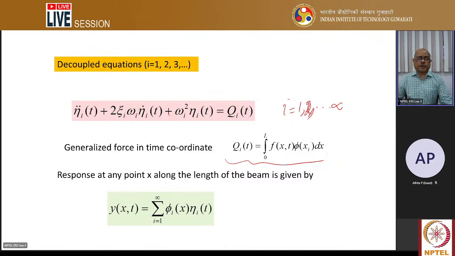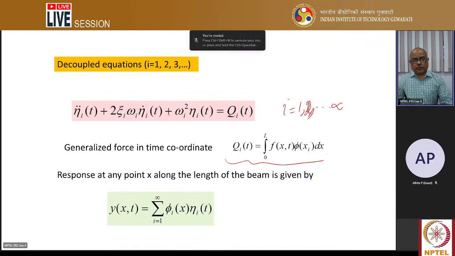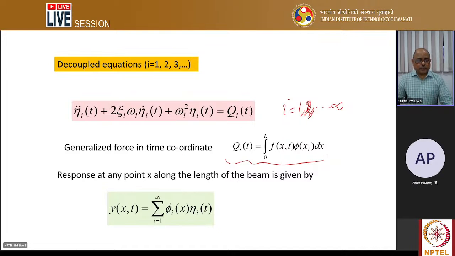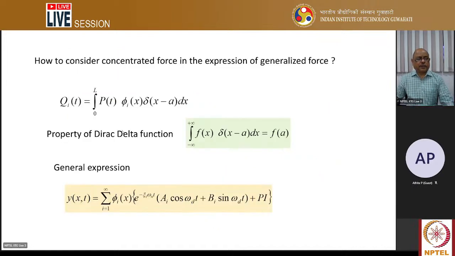And for any other arbitrary type of excitation, you can use the general procedure, that is, the Duhamel integral. Then when you find this eta i of t, the generalized coordinate, the complete response at any location x, at any time instant t, is the summation of the mode shape function times the generalized coordinate in the time domain.